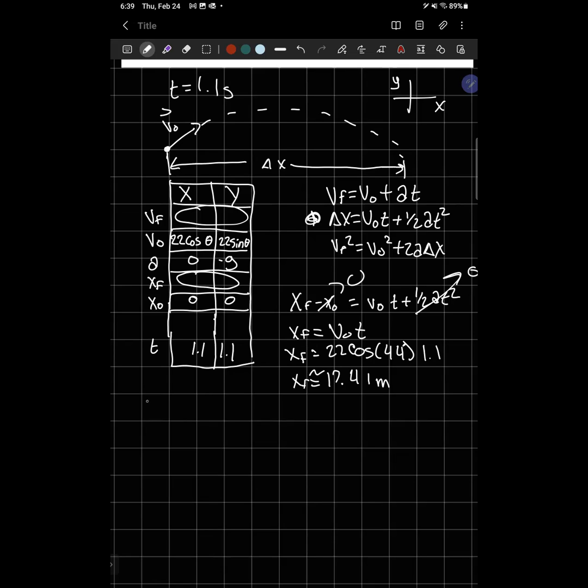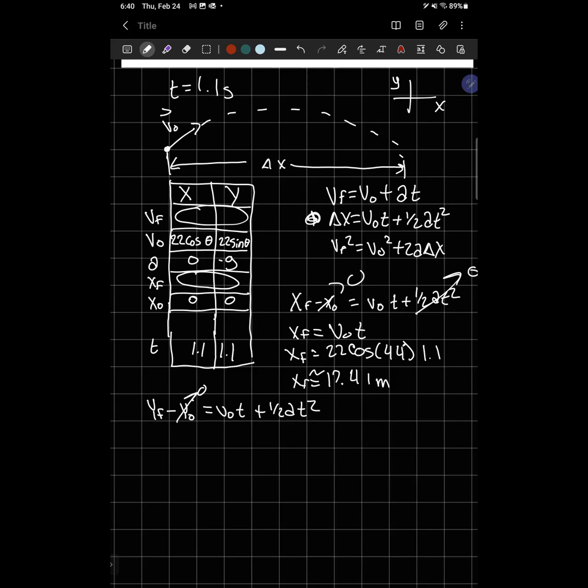So y final minus y initial equals v naught t plus 1/2 at squared. My initial position is 0, and I believe that's the only thing that actually cancels.